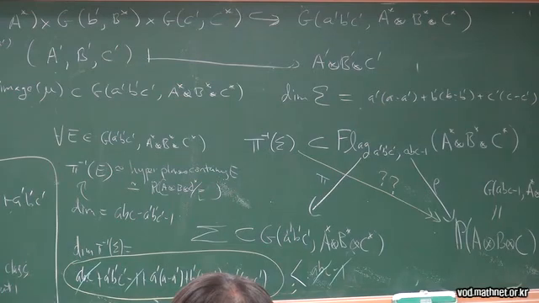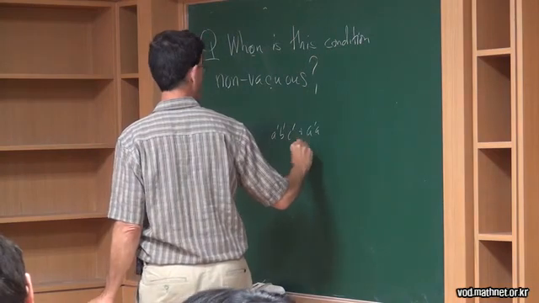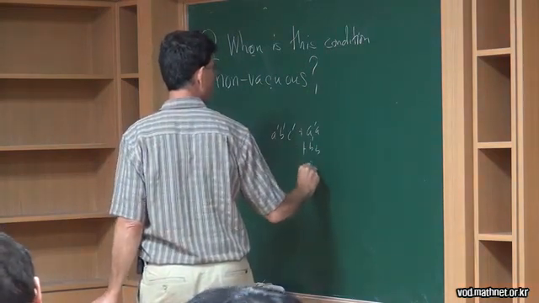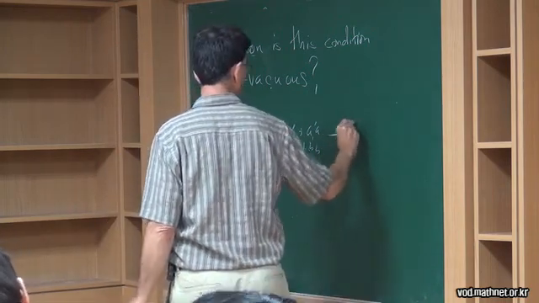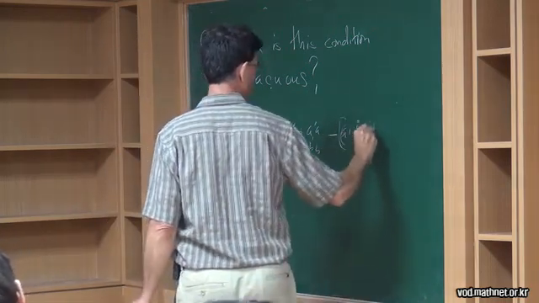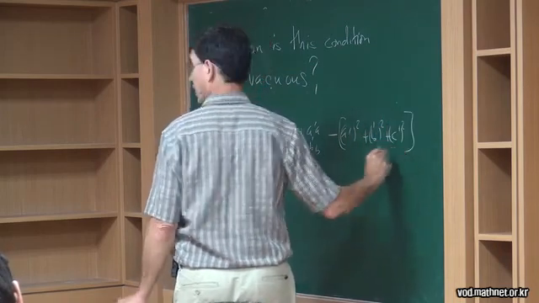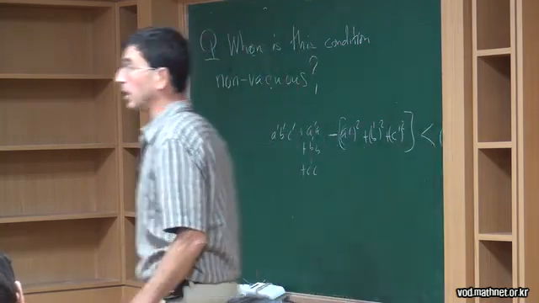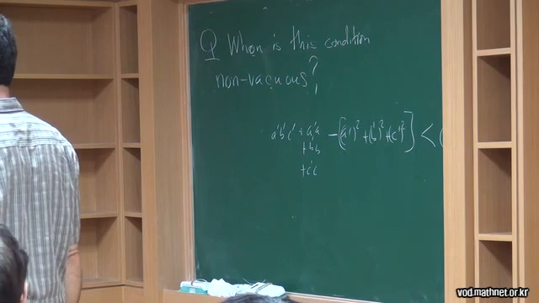So this is A prime B prime C prime plus A prime A plus B prime B plus C prime C minus A prime squared plus B prime squared plus C prime squared, and I need this number to be less than 0.